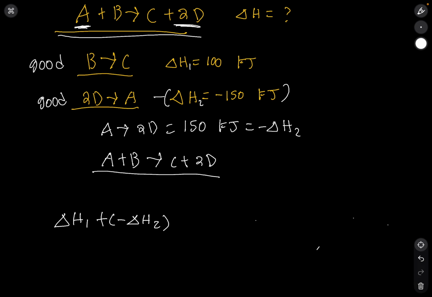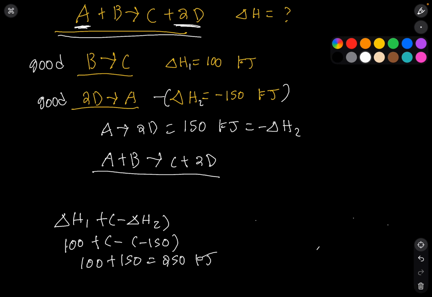However, during the process, we did flip it. So now we have delta H1, which is equal to 100, plus negative delta H2. Delta H2 in general is just negative 150, and negative times negative turns positive. So now we have 100 plus 150, which means that the total enthalpy change for this reaction is equal to 250 kilojoules.